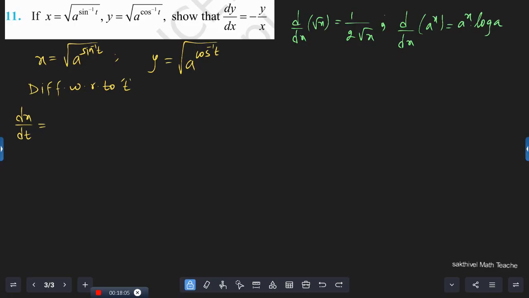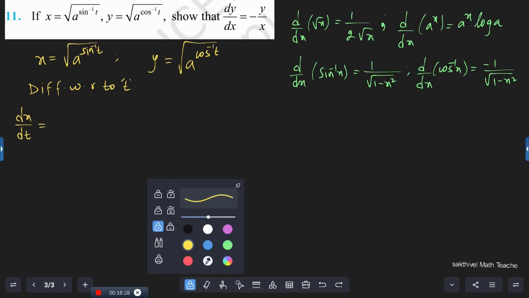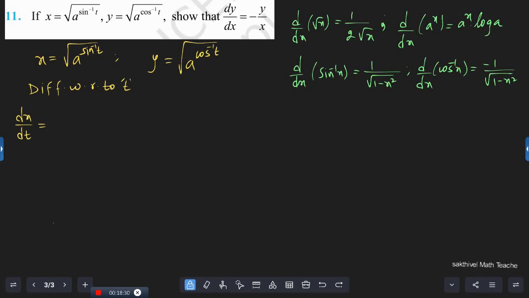Next, the derivative of sin inverse of x is 1 divided by square root of 1 minus x square. Similarly, the derivative of cos inverse of x is minus 1 by square root of 1 minus x square. So I am going to use all these formulas in this question.